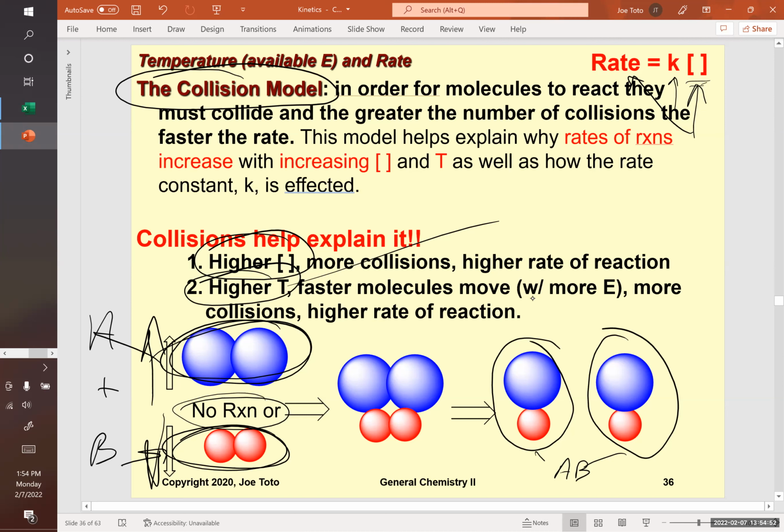So you see right off the bat that collision theory at the most basic level helps us visualize and understand why reaction rates would increase when you increase the concentration or the temperature. Any questions on that?